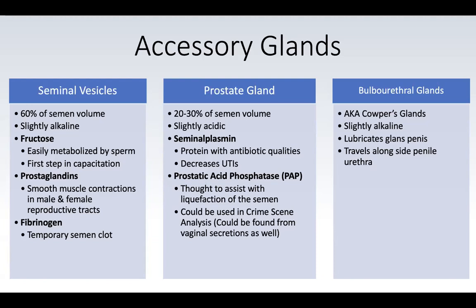Fructose is that carbohydrate precursor, so that the mitochondria in the neck of a mature sperm can make lots and lots of ATP to fuel that tail.